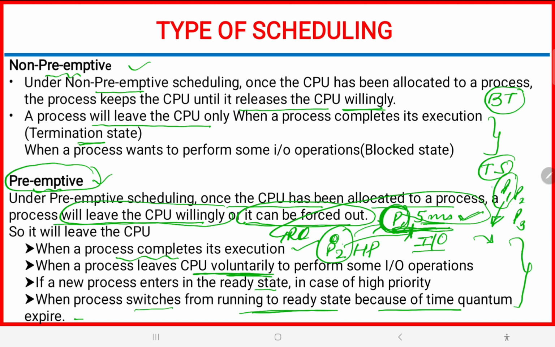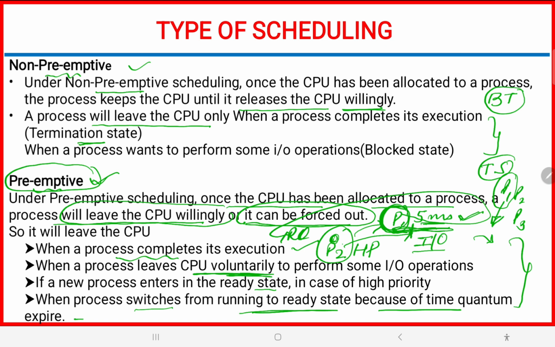P1 again comes to the ready queue and waits for its turn next time, so that it can get the access of CPU and continue its remaining task. When it is leaving the control of CPU, that means some other process will gain the access of CPU. Again, it was because the time has elapsed and the task of the process was not complete. This is feasible because the scheduling pattern was preemptive in this case.